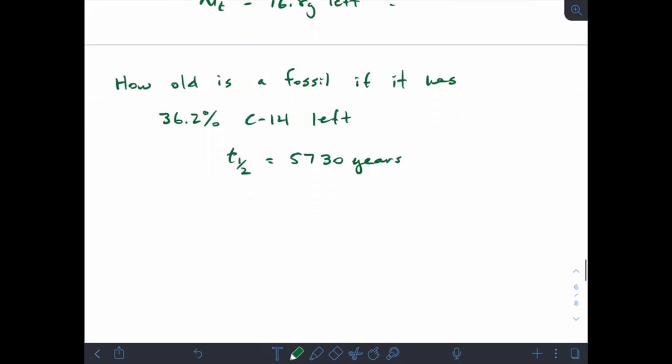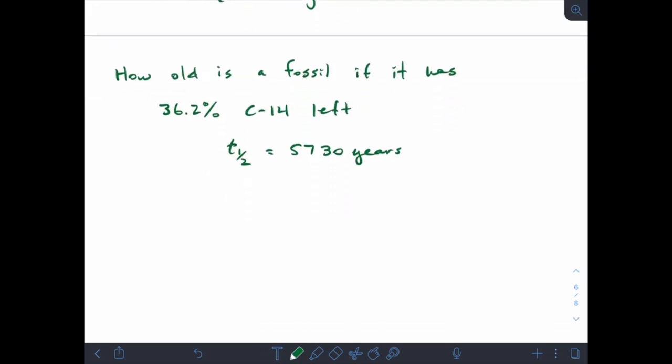Okay, so our fraction remaining, so if I have 36.2% left, 36.2 over 100%, that's 0.362.